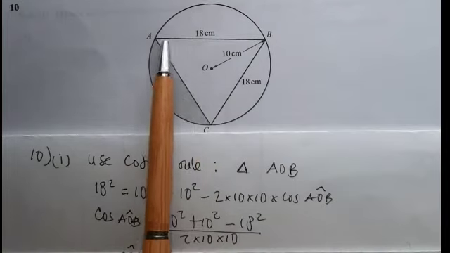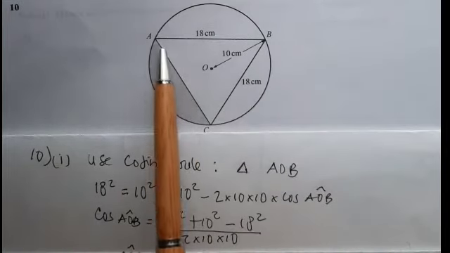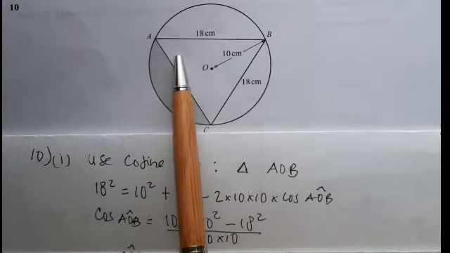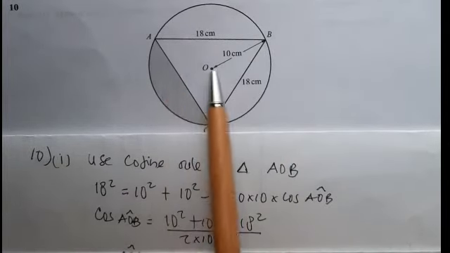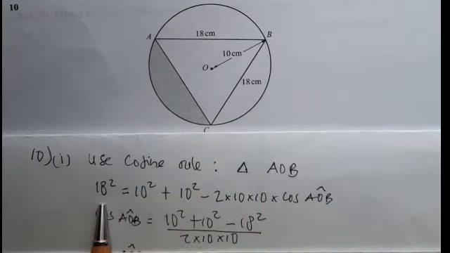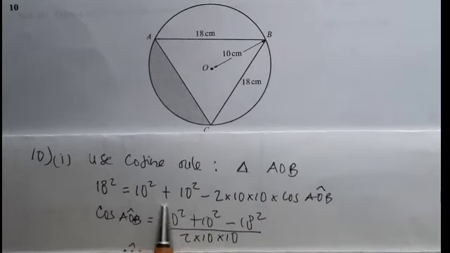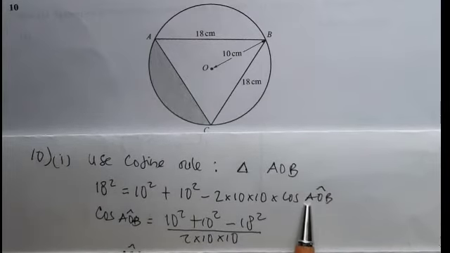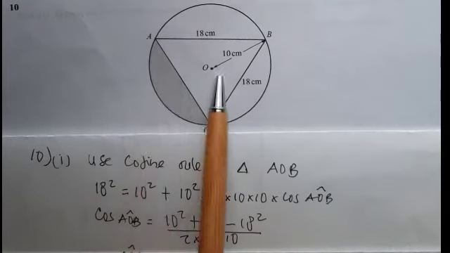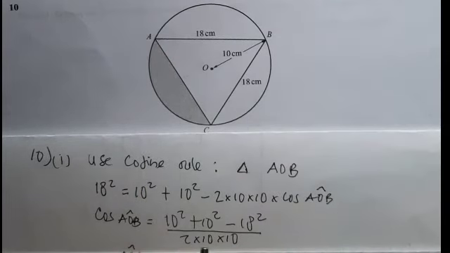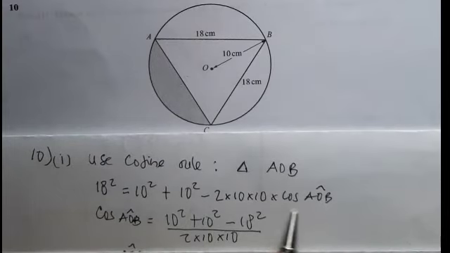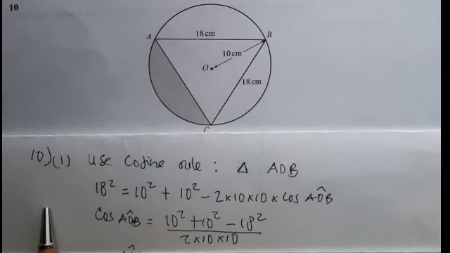Now, we use the cosine rule in triangle AOB. Thus, 18 squared equals, here the radius, 10 squared plus 10 squared minus 2 times 10 times 10 times cosine angle AOB. Next step, 18 squared shift to the right, and this part shift to the left, and then divide by 2 times 10 times 10.